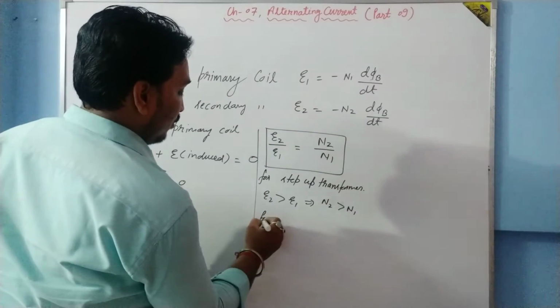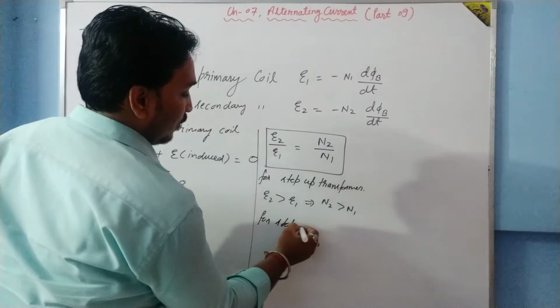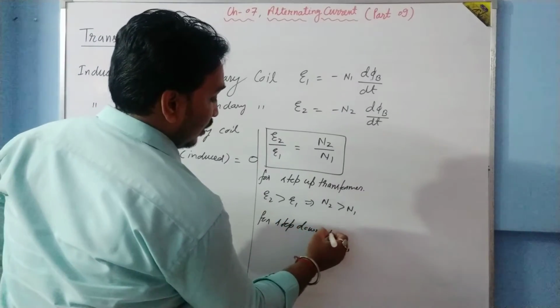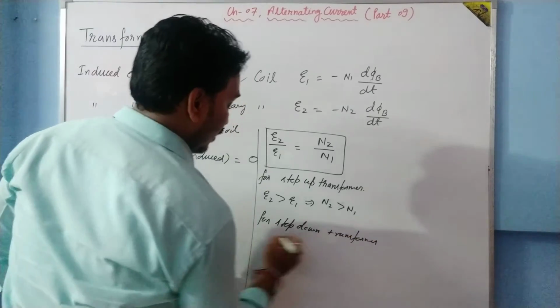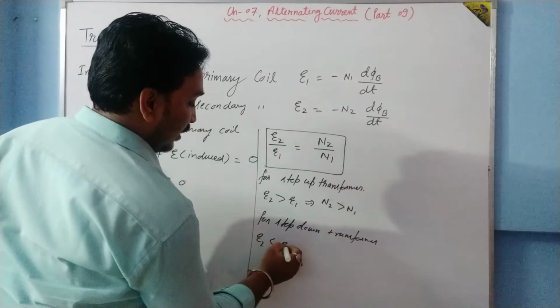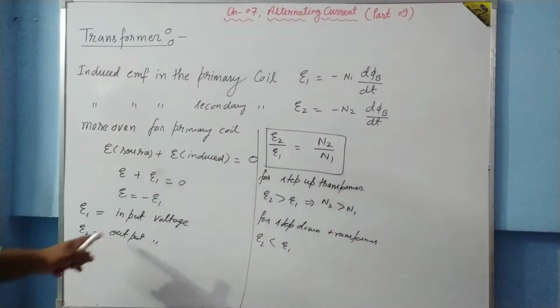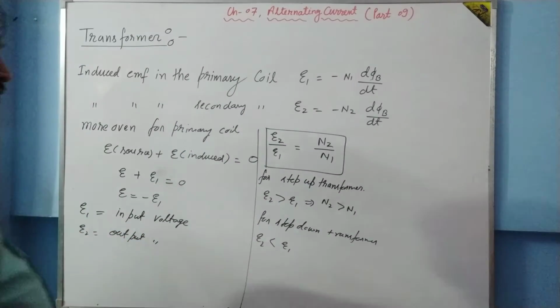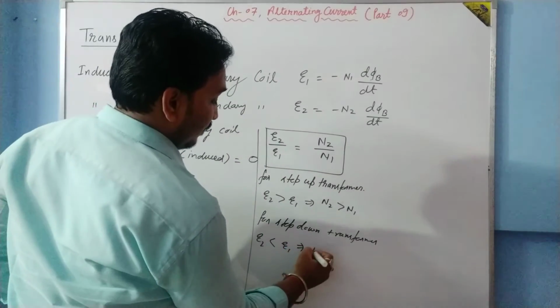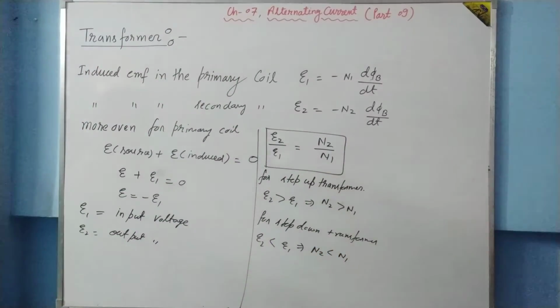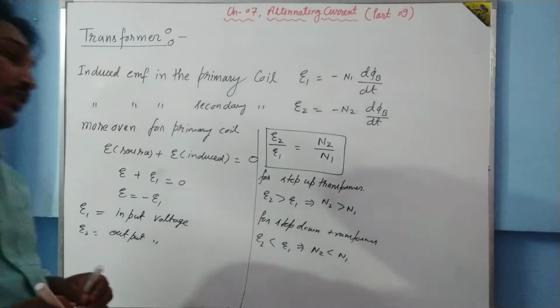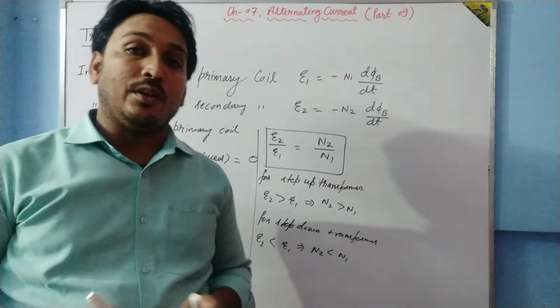And for a step down transformer, E2 is less than E1, output voltage is less than input voltage, and for that case N2 is less than N1. It simply means that the number of turns in the secondary coil is less than that in the primary coil.